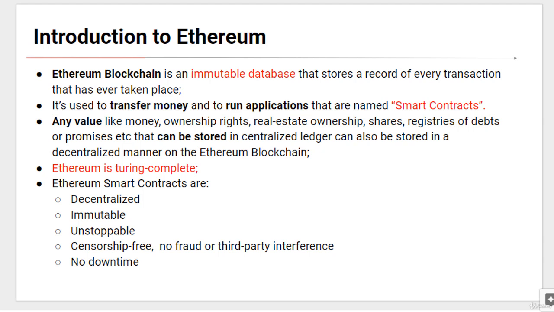It can be used to affect any business activity involving purchases or exchanges of any tangible or intangible goods, services, or rights. Any value like money, ownership rights, real estate ownership, shares, registries of debts or promises that can be stored in a centralized ledger can also be stored in a decentralized manner on the Ethereum blockchain.